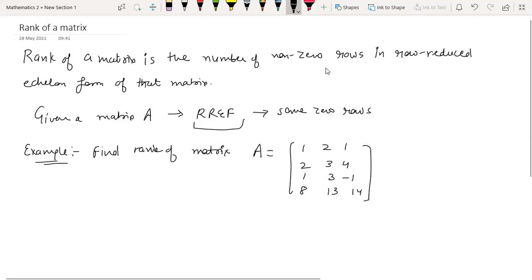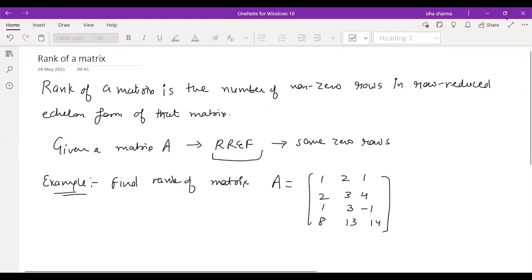You need to apply elementary row operations to convert this into RREF and then just count the number of non-zero rows. Everybody do that, because that is something you already know. Then start writing your answers in the chat box once you finish this one.